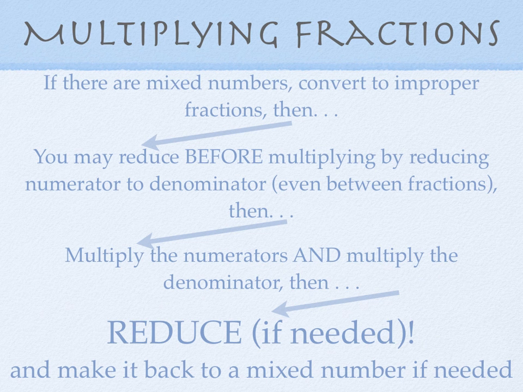We follow those same steps. Get rid of the mixed numbers, and then do your reducing either before or after, and then convert it back to a mixed number if that is necessary. That's how we're going to do our multiplying fractions.